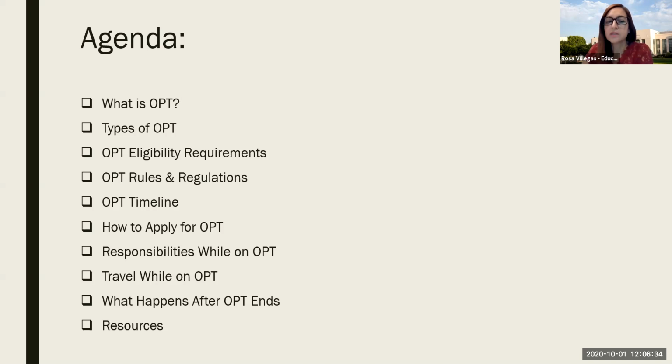And although it's a benefit, you also have responsibilities, so we're going to cover what some of the responsibilities are while you're on OPT. We're also going to be talking about travel during OPT, as well as what happens after OPT ends. And we're going to provide you with some resources.